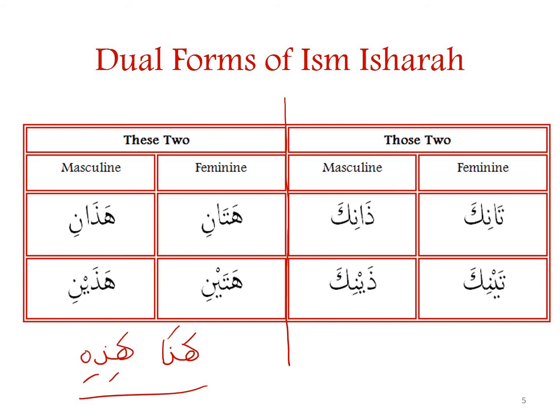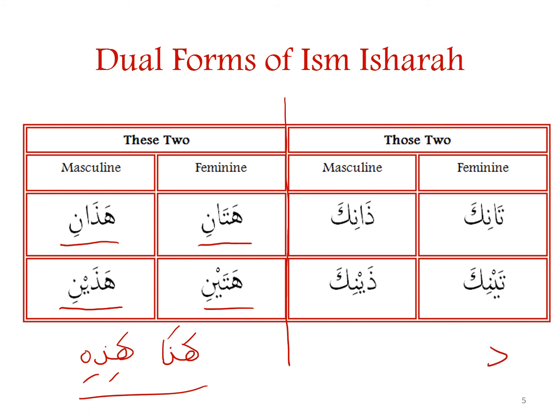When we're referring to a dual word or two objects, we use these ism isharas here. For masculine, hadhani, or depending on the grammatical state that the words are in, hadhaini. You can see again that ending ani, aini. Or for feminine, hatani, hataini.